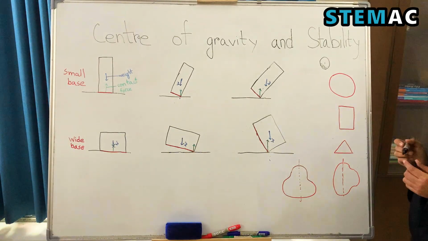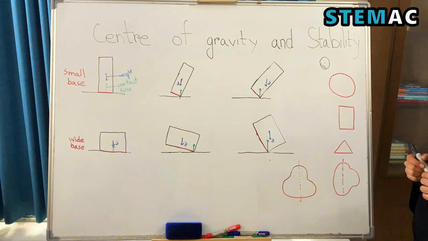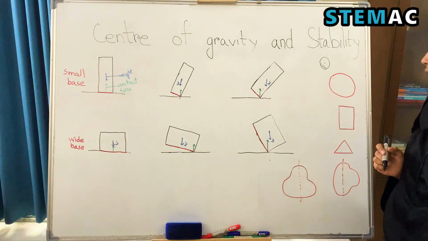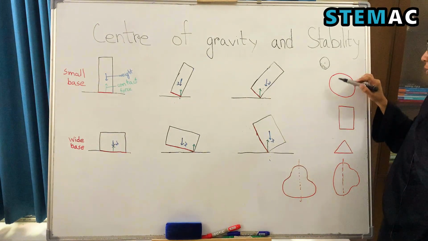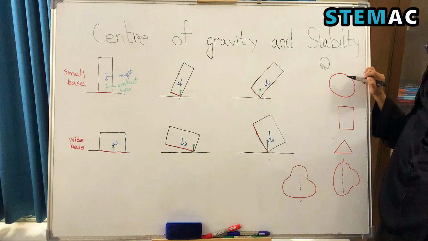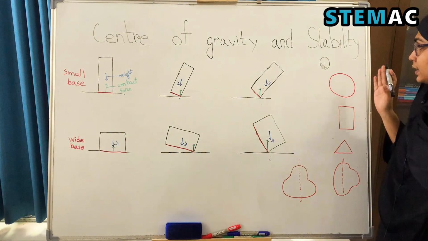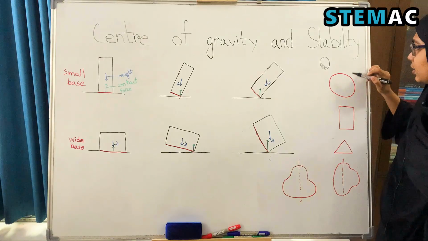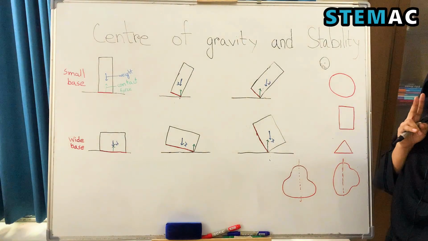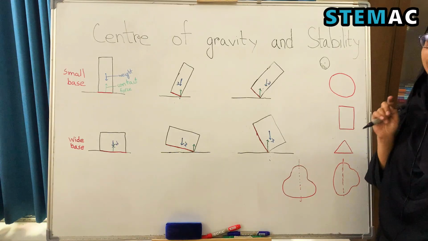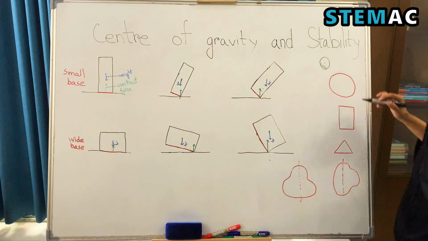Usually, it is easier to find the center of gravity of regularly shaped objects. For example, for this circle, to find the center of gravity, we need to see the symmetric lines. If we find two symmetric lines and the point at which they intersect, the point of intersection is the center of gravity.